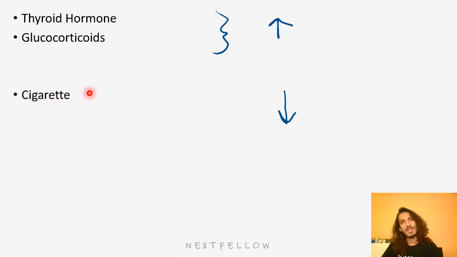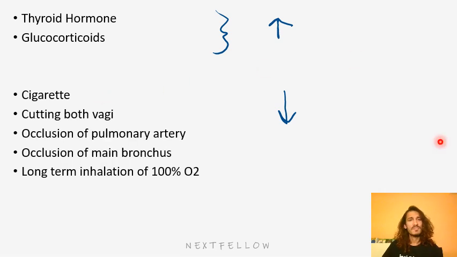Since this is asked, maybe in coming years they might put a different option and try to confuse you. So we'll try to understand what the other factors are. Apart from cigarette, cutting both the vagi, occlusion of the pulmonary artery, or occlusion of the main bronchus, and also long-term inhalation of 100% oxygen. These are all factors that decrease the surfactant. And the factors that increase it are thyroid hormone and glucocorticoid. And of course, glucocorticoids, you must be knowing that.